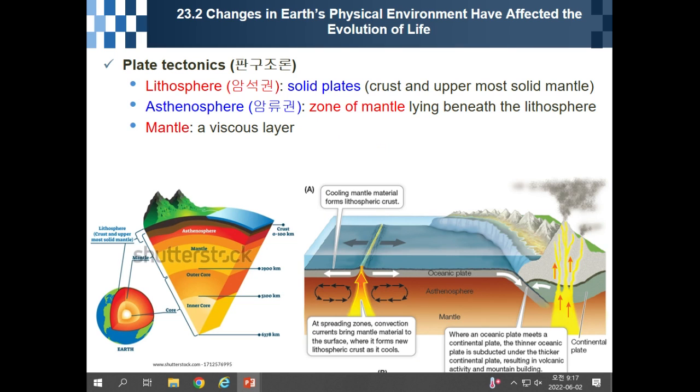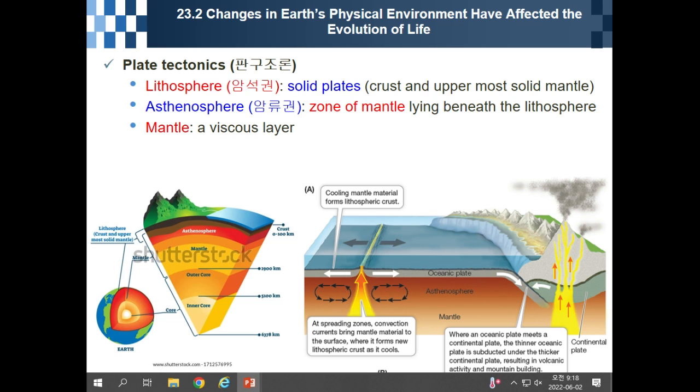Next we will learn some important terminology: plate tectonics. In Korean, we call it 판구조론. This is our Earth. Earth is composed of, first, what we call the lithosphere.